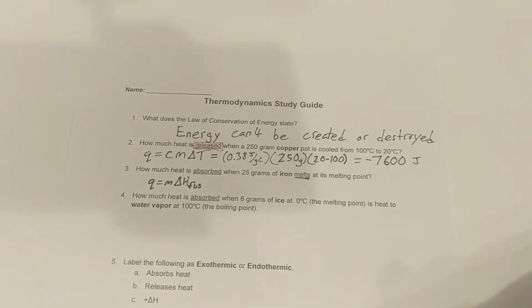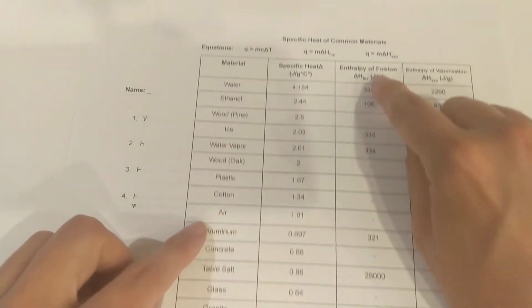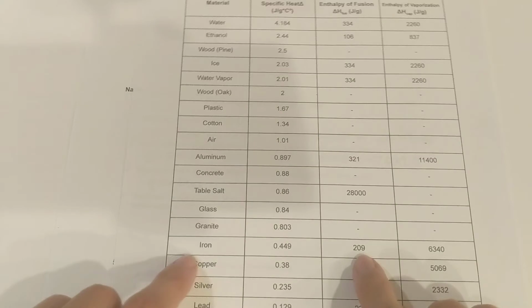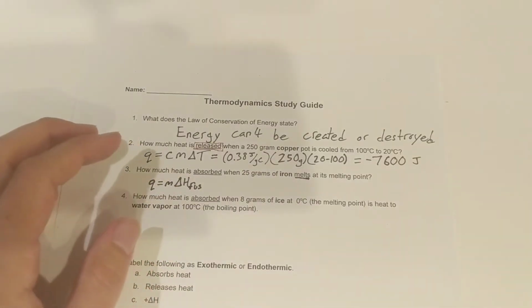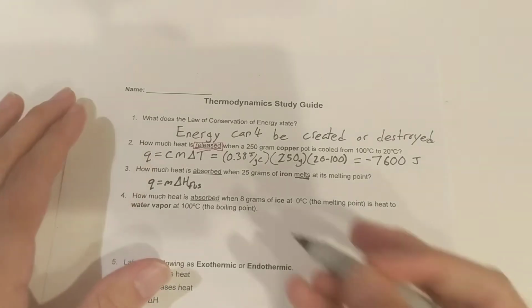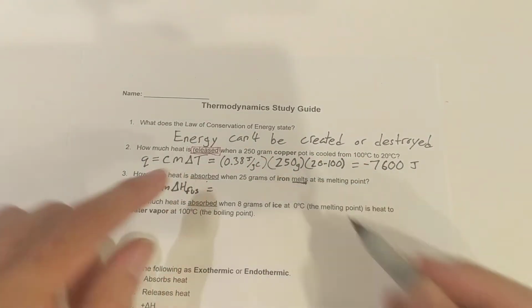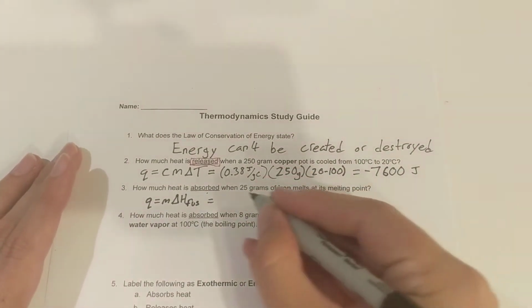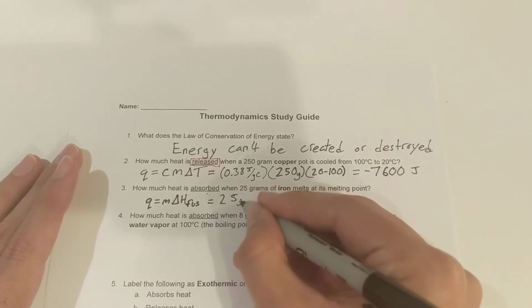And then we can use our table. We're going through iron, enthalpy of fusion. So let's go down here. Iron, enthalpy of fusion, 209 joules per gram. And this energy is absorbed. And whenever we're melting, melting is endothermic, remember? So because we are melting, we're going to put our mass in.